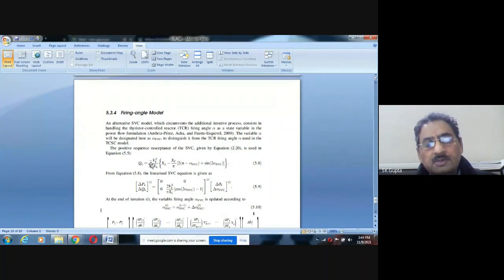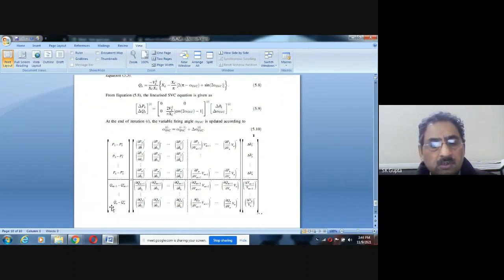Firing angle में change होने पे ये कितना कैसे change हो रहा है? Del P will be 0 because at the SVC, change in active power is not there. Only reactive power change is there. So this is the equation. So this equation for del Q is incorporated here. We want to make the exact calculation of how the reactive power changes if the firing angle changes.